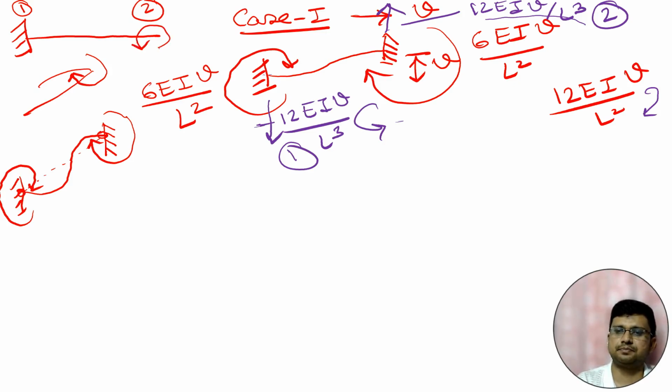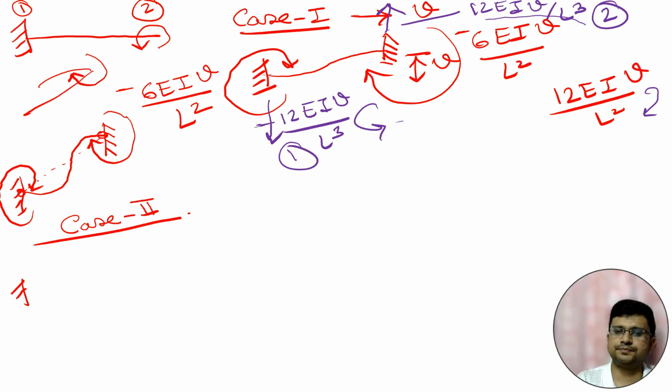So this moment will be negative. This will also be negative because both moments are clockwise in nature. So these are the different forces that are generated at both supports when we are providing displacement V at node 2 along the positive y direction. Now case 2.